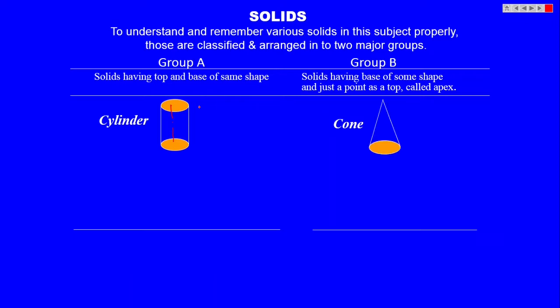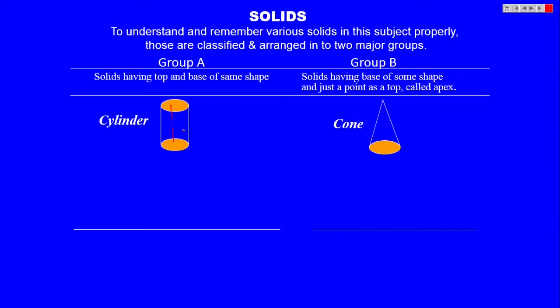Then in the category B, we can see the same shape or same circle at the bottom or base of the solid, but at the top face, there is no top face here. At the top there is only one point, and that point is called the apex of the cone. And this type of solids are known as circular cone.